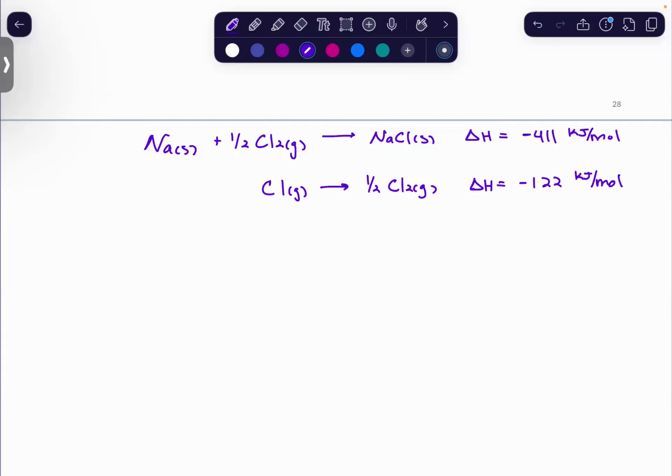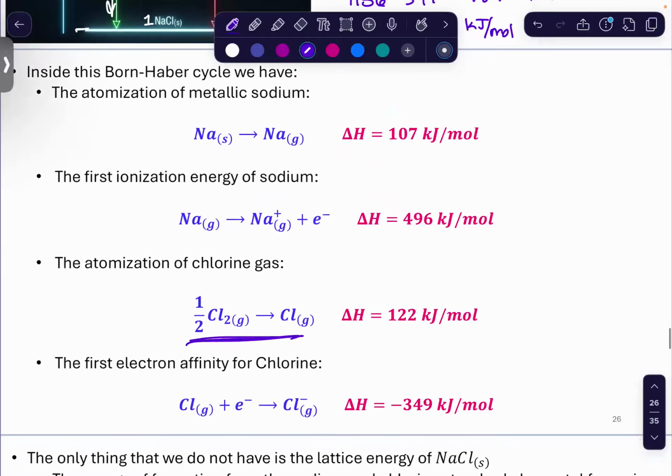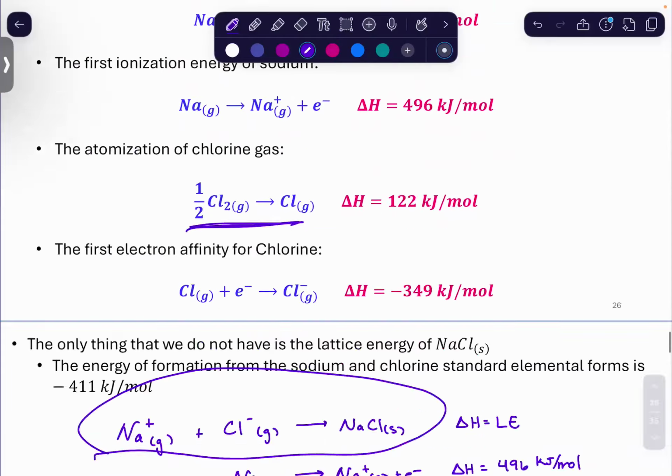Okay, now I know that my lattice energy equation has to have chloride ions on the left. I need to get rid of atomized chlorine on the right. So we will use the electron affinity for chlorine. Okay, so let's take a look at this. So again, we flipped it, so we changed the sign.